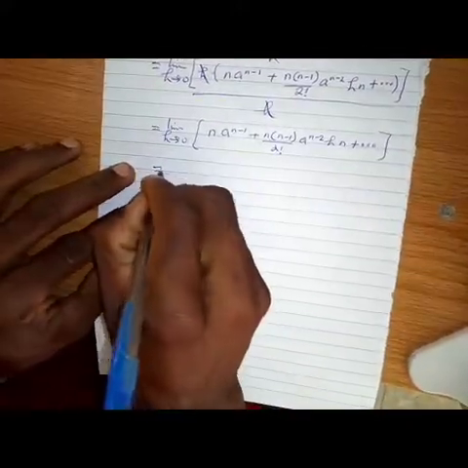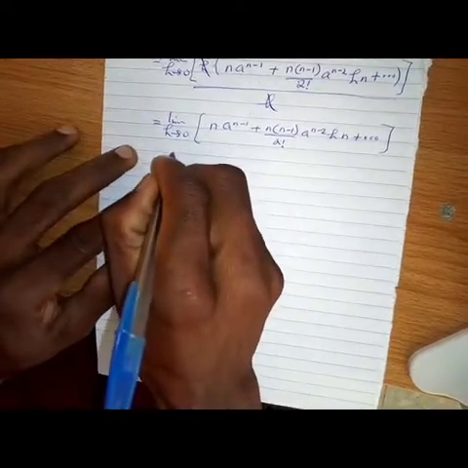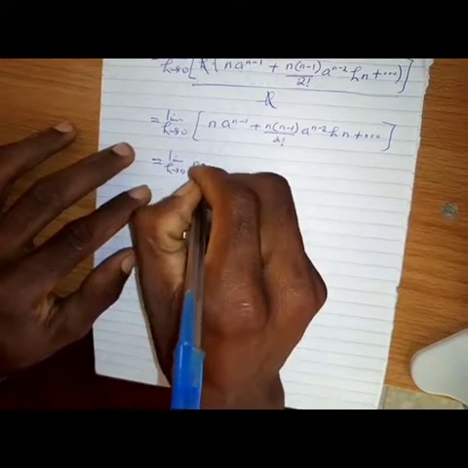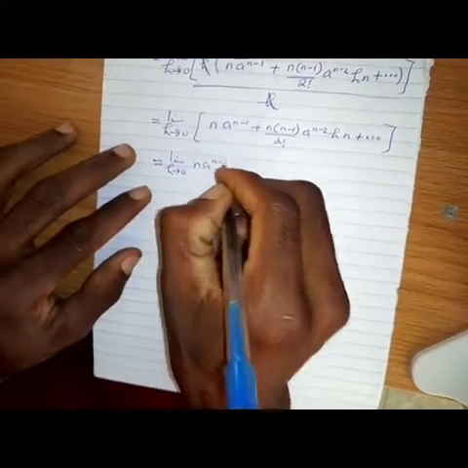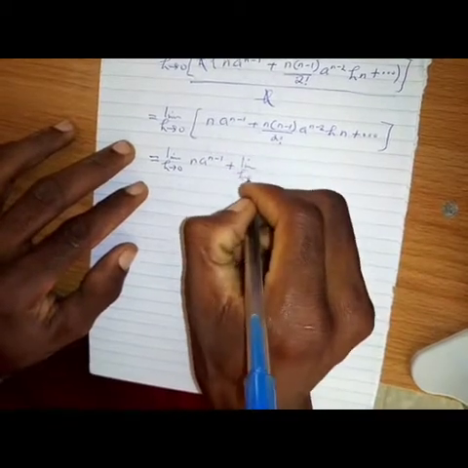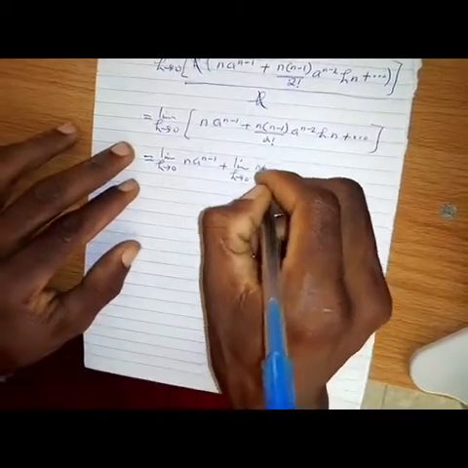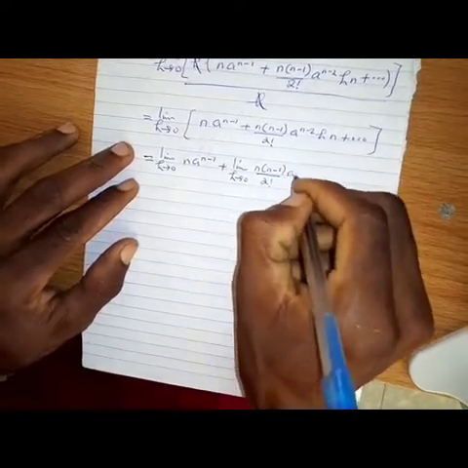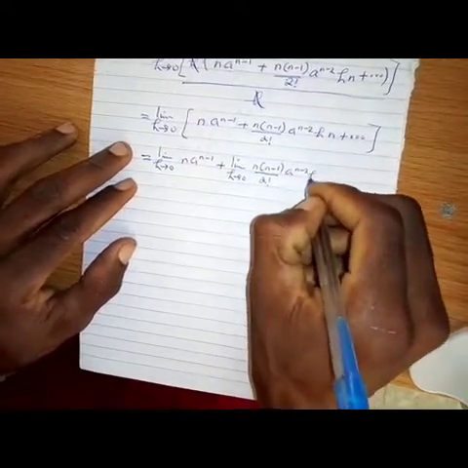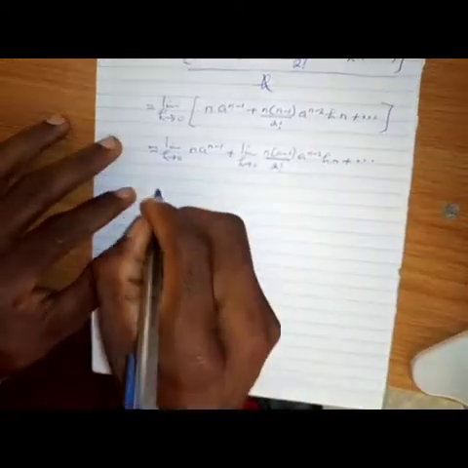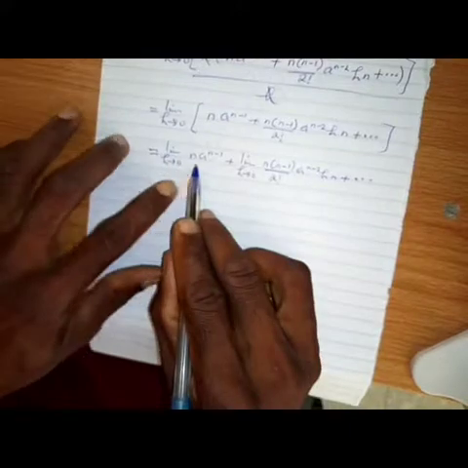So you now take the limit of each term. The limit as h tends to 0 of n a to the power of n minus 1, plus the limit as h tends to 0 of n into n minus 1 divided by 2 factorial a to the power of n minus 2 h, plus and so on. You discover that there is no term in h here.